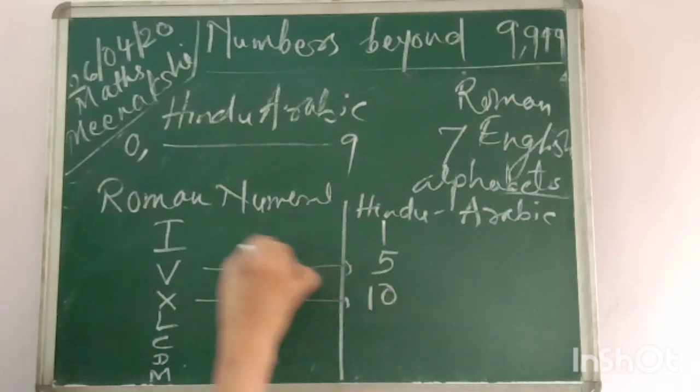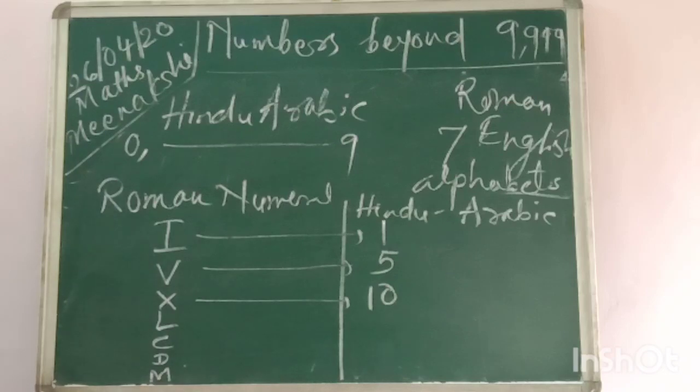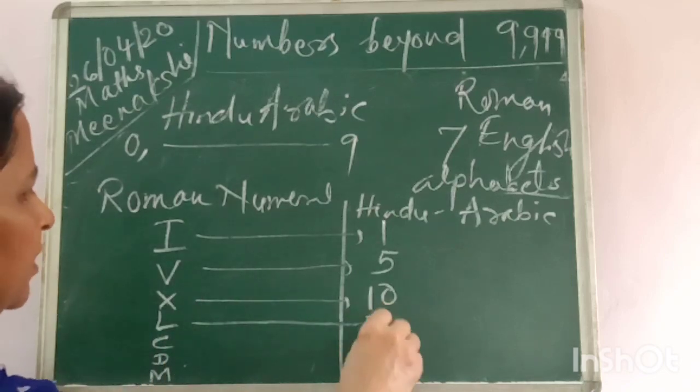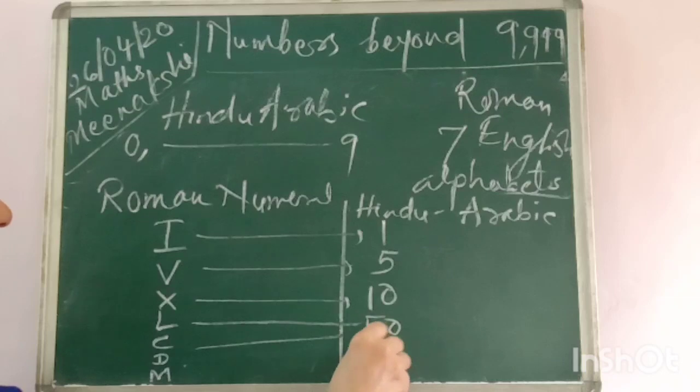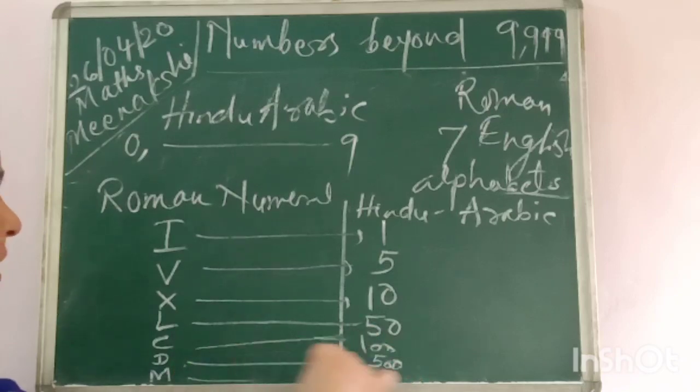Can you see, children, very well? You can see it in the book also and compare, isn't it? Listen, check and study also. And for L it is 50, for C it is 100, for D it is 500, and for M it is 1000.